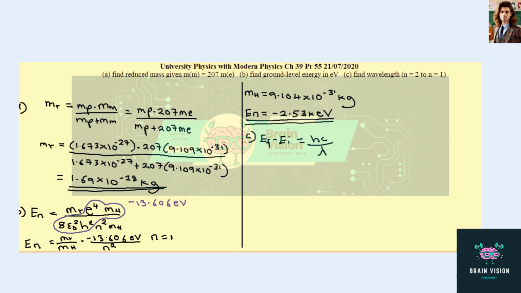Fortunately for us, we have found a simpler way of writing down the energy, E_n. And so we can write down the change in energy between the two levels in terms of this expression, noting that for the final level, n is 1, and for the initial level, n is 2. So our expression for the change in energy is as follows.